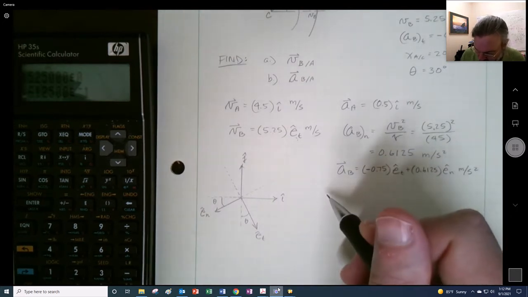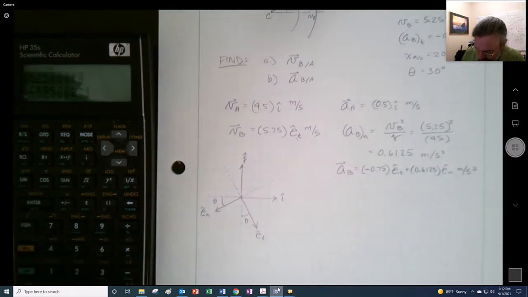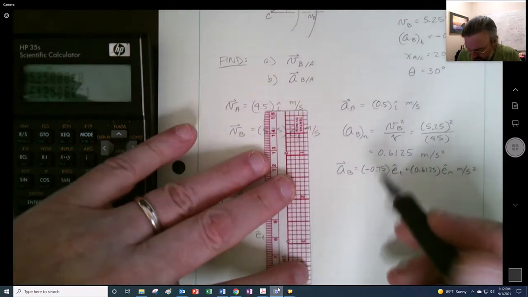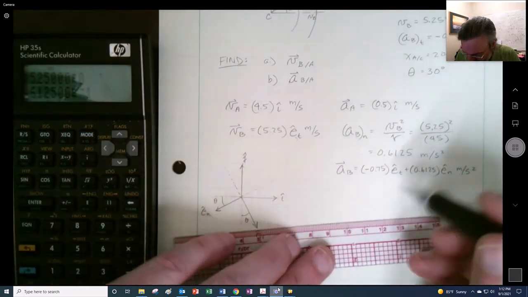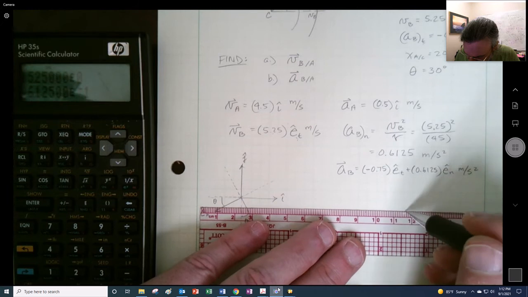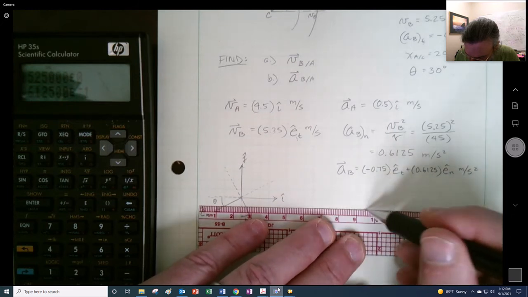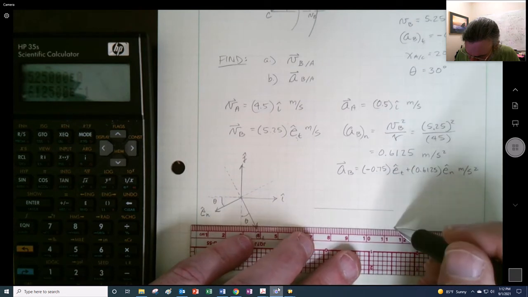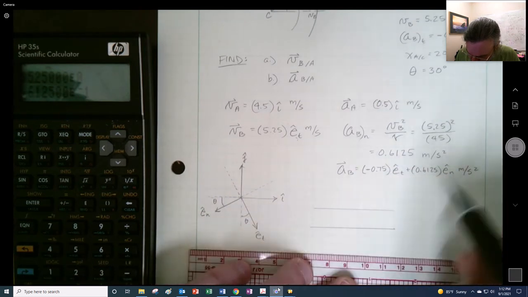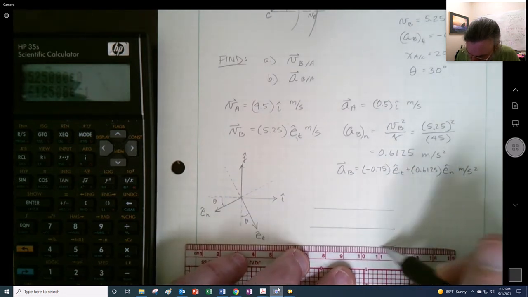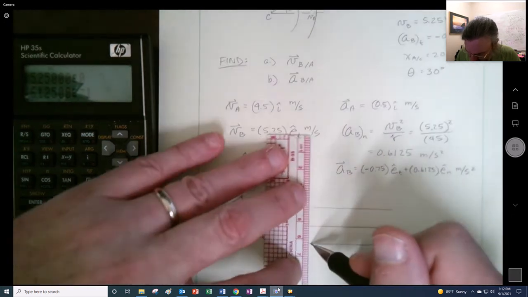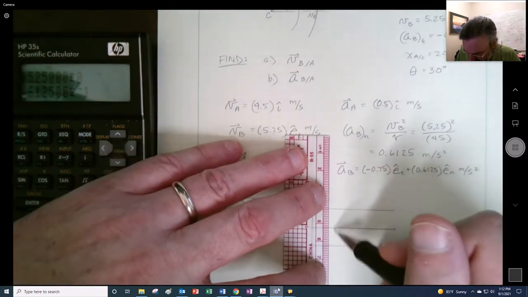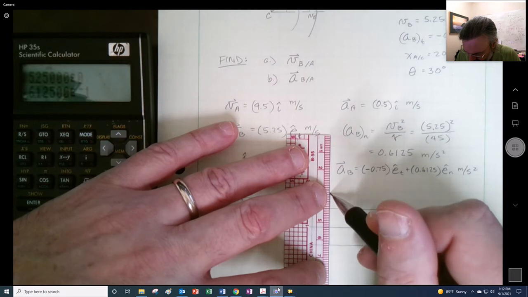Okay, so the coordinate transformation array. Let's see. I'll make my little box here. Try to make it neat. I don't need to go crazy with it, but we'll go 2 of these lines deep here. 2 lines deep. That looks pretty good. All right. So we'll come up here and then there.